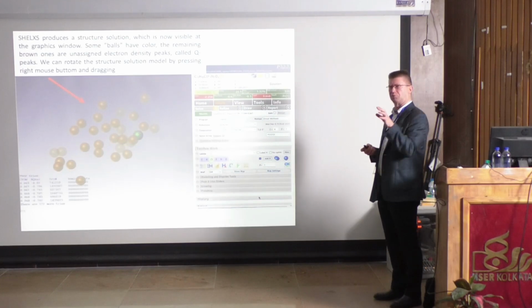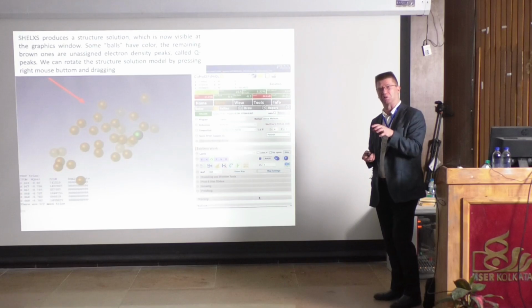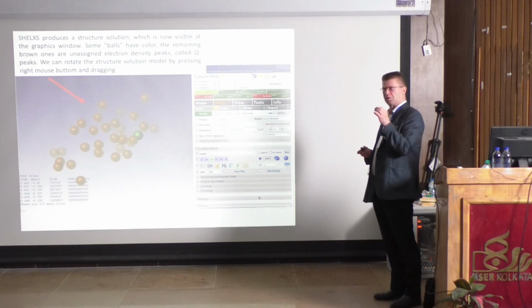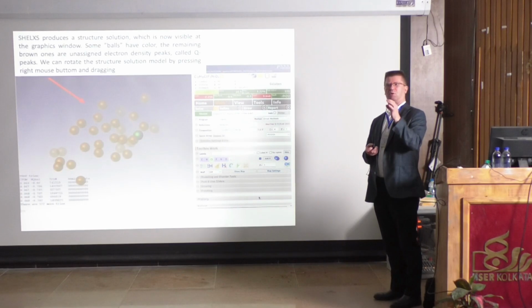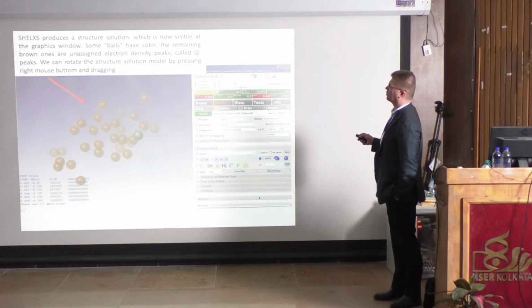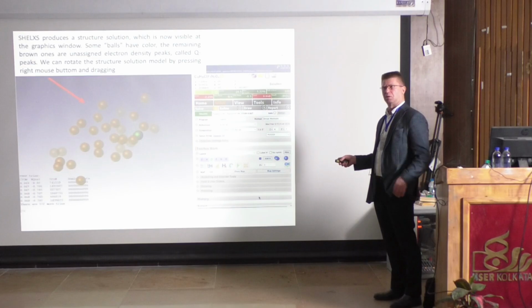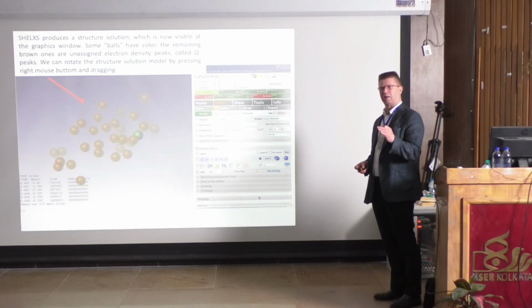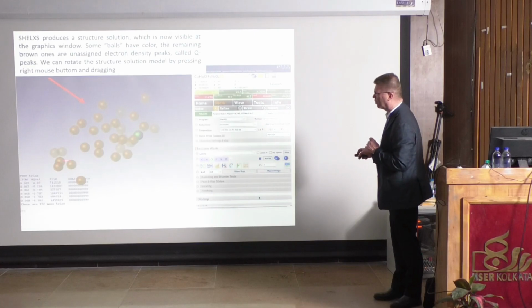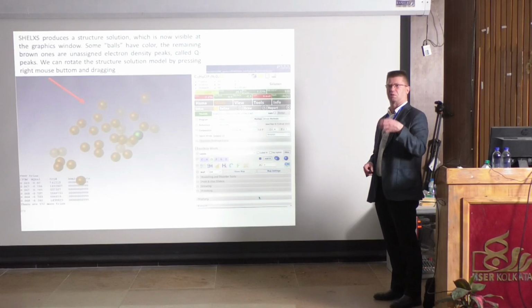A reasonable chemical structure means electron density. And now the electron density is presented as brown balls. So the idea is now visible. Some balls have color. The remaining brown ones are assigned electron density peaks. So we don't know what the atom is. We know that there's an atom. It seems that in this position, each of the brown balls represents an atom.